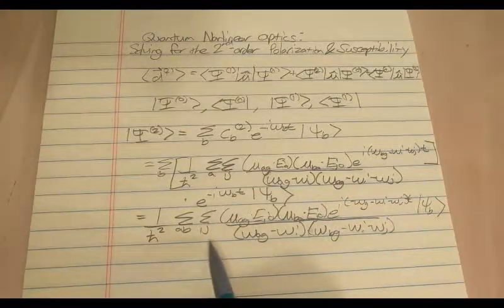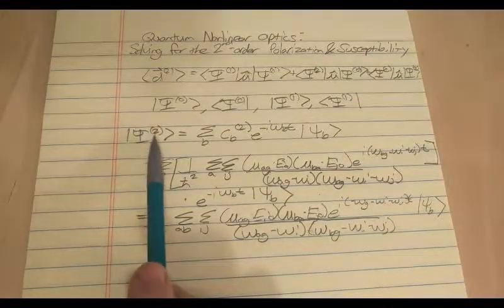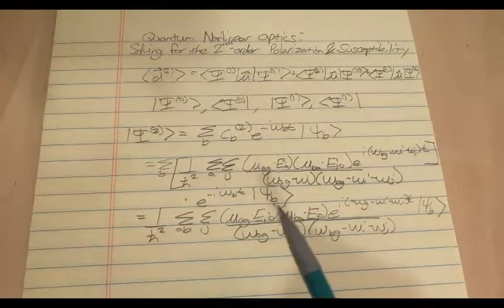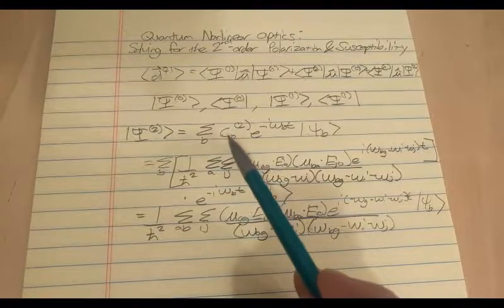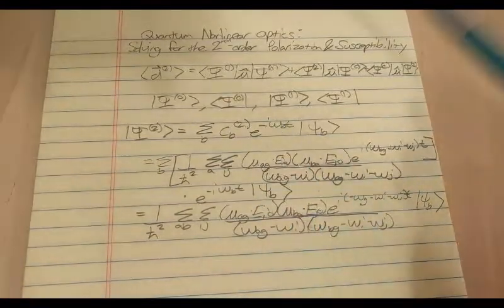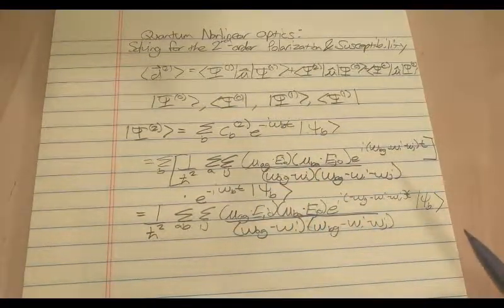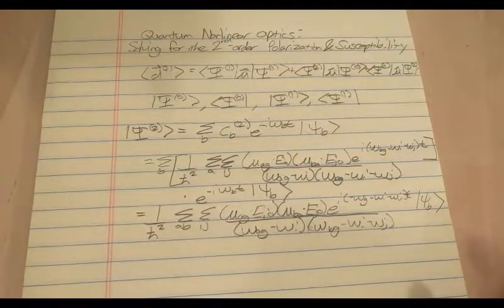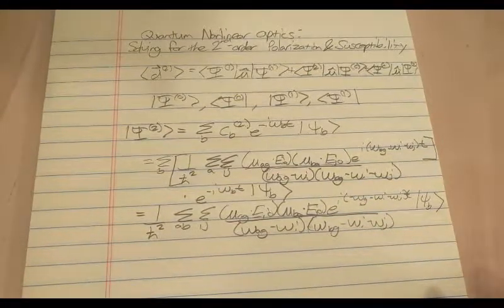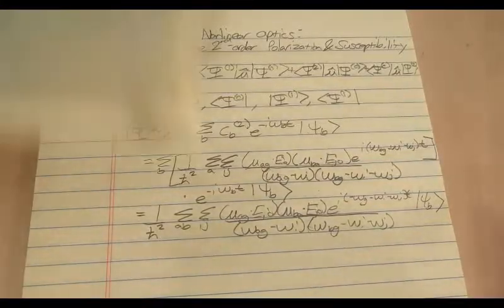Okay, so that's the form of psi 2, the ket side of psi 2. And going from here to here, all I did was plug in C_B of 2, which was also found in a previous video. If you need to refer to those, you can look at those videos, but I like to have them written down in front of me.